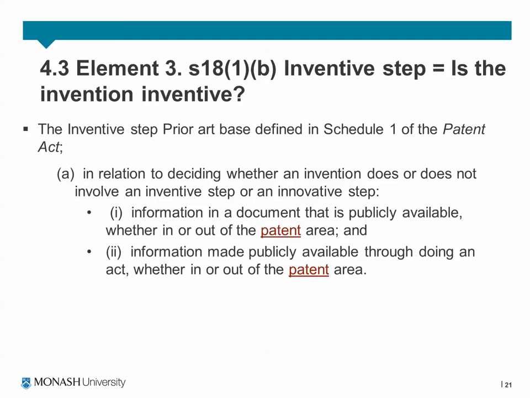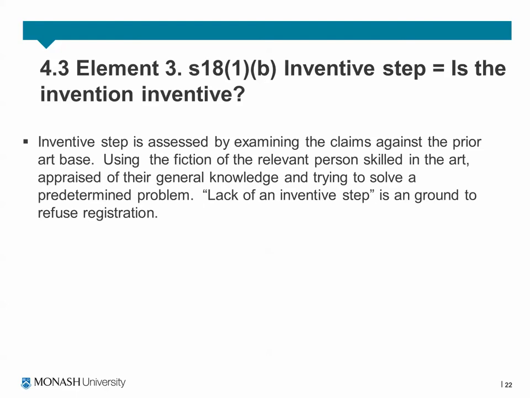So you're going to again have to do international searches to verify that your patent is patentable. Now, the inventive step is assessed again by examining the individual claims in your patent against the prior art base.